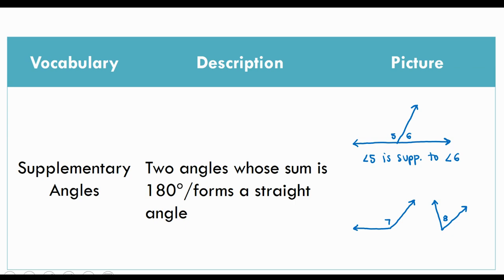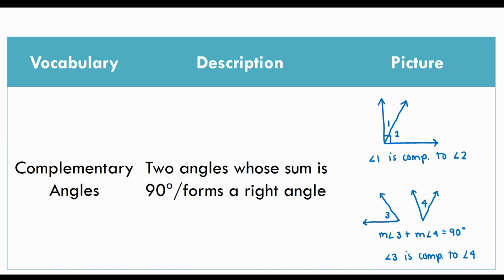However, if I know that the measure of angle 7 plus the measure of angle 8 adds up to 180 or forms a straight angle, I know that angle 7 is supplementary to angle 8. So it can only be two. I don't want 3 different angles or 4 different angles that form a straight angle or a 90-degree angle. Only 2 that form those are going to be either supplementary or complementary.